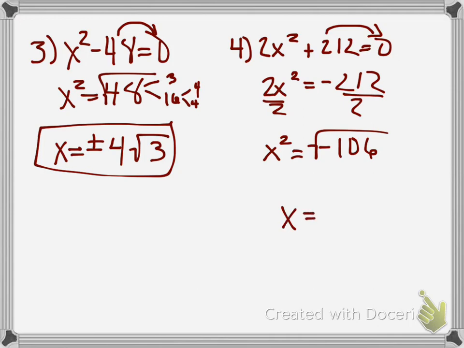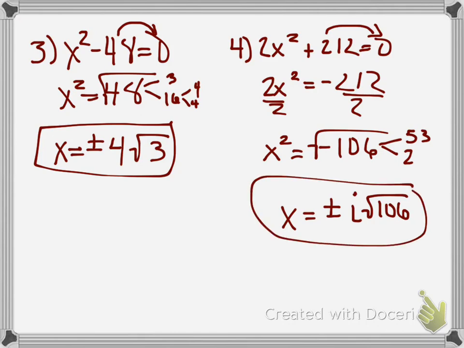Anyways, x equals plus or minus, because of the negative, I'm going to put an i. This would be 2 and 53, which is actually a prime number also. So I'm just going to leave it like that, 106. Okay, I mean, if you can at least do that, you would still be getting most of the credit. And again, if there happens to be some that you can reduce further, then great. And I would want that for extra points.